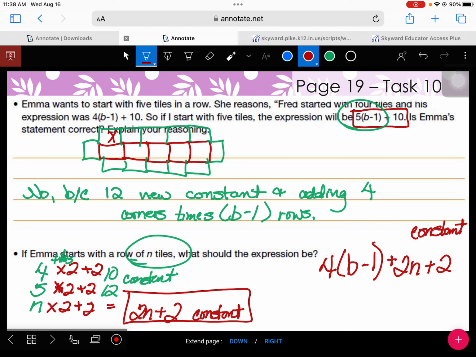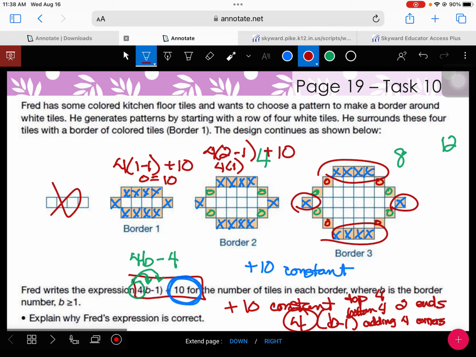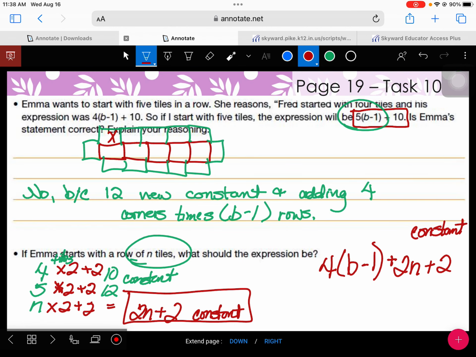They wouldn't be the same number? No, I don't think so. So, if I had, oh jeez, you're gonna make me prove this now? Ooh, so if I have border 2, let's try it. If I have border 2, that's 4 times 2 minus 1 plus 2 times n, where n is a row with n number of tiles.